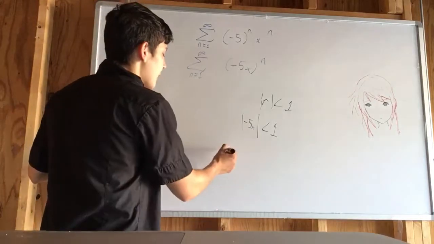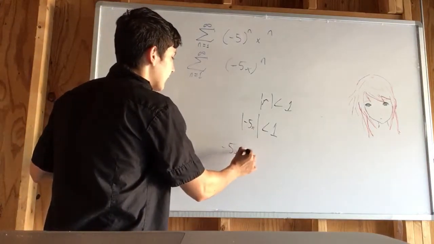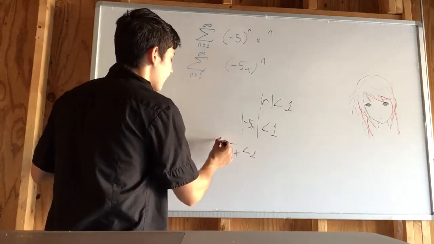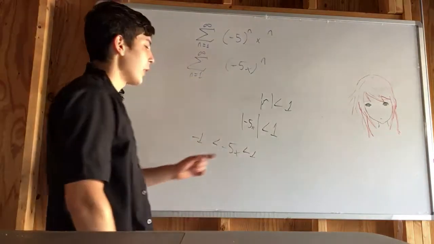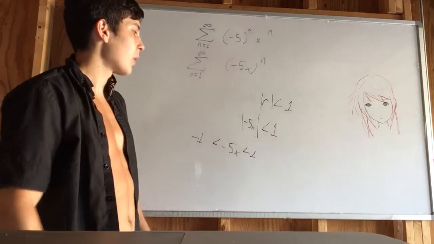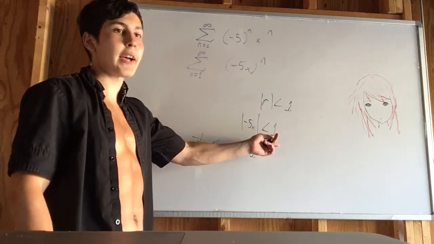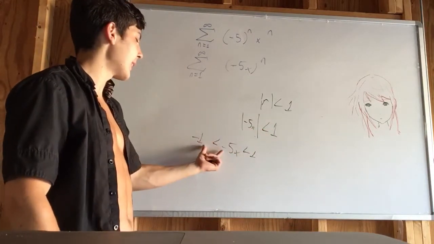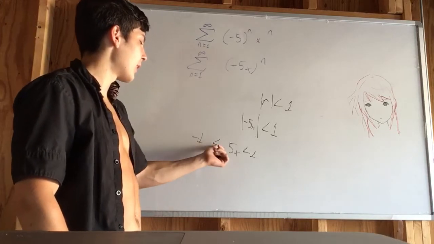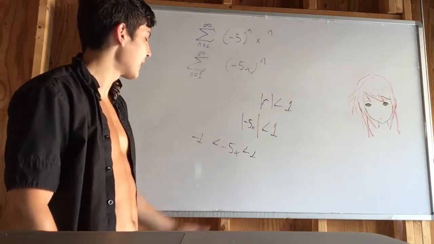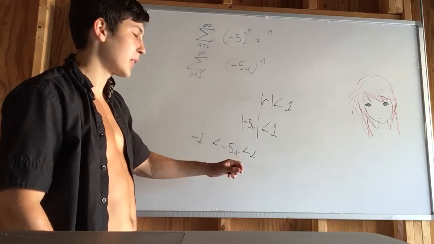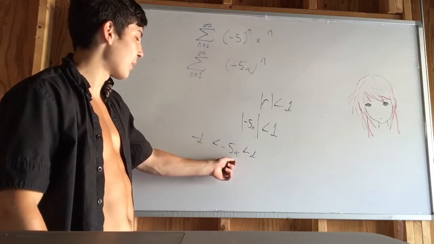So the way we do this is with negative 5x is less than 1 and greater than negative 1, because that's just how we do absolute values. We take the negative version of whatever we have here, and that's going to be on this side of the alligator mouths there. So I know it's been a long time, but that's how it went.